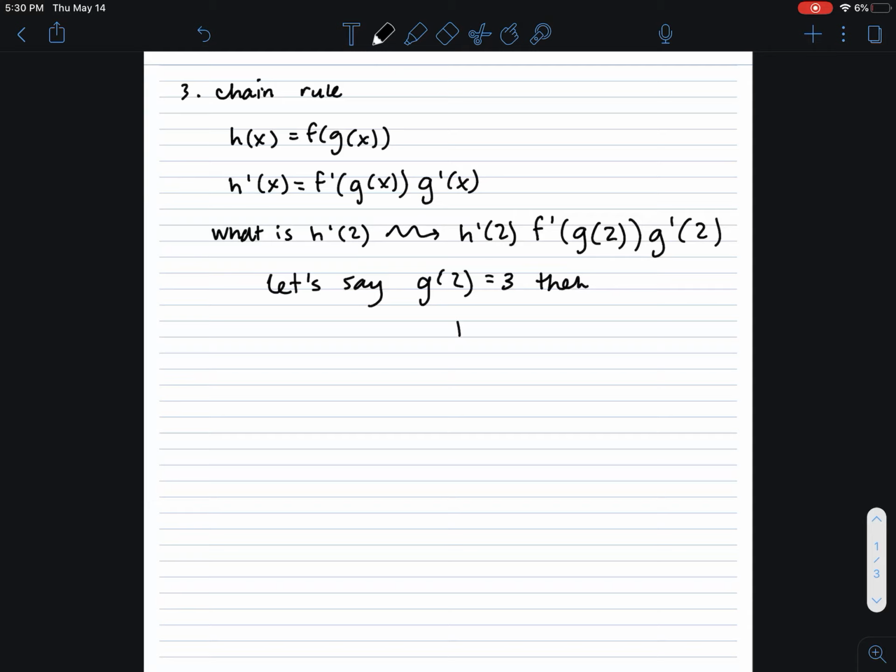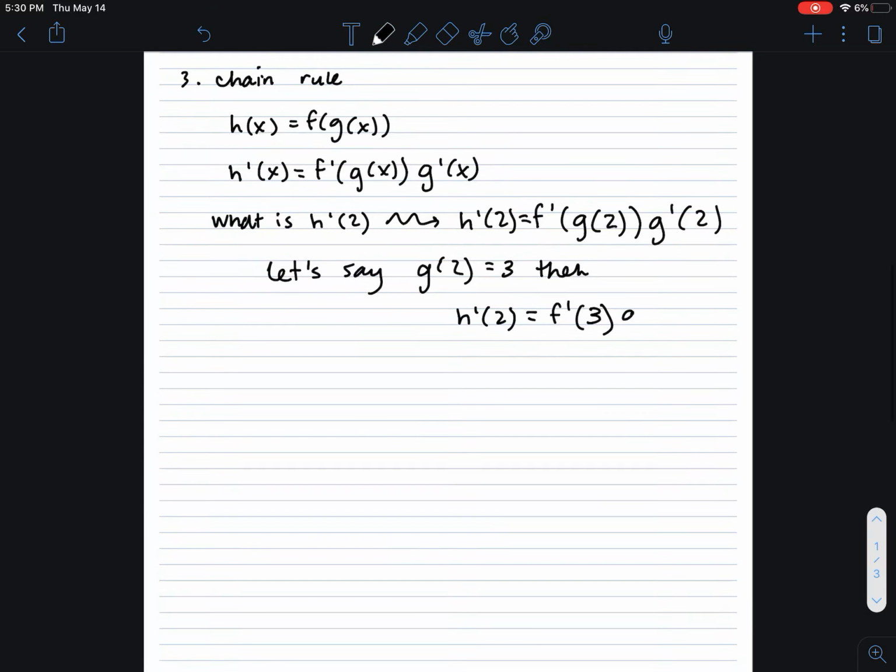Then we'd have h prime of 2 is equal to f prime of 3, because that's what g of 2 gave us, times g prime of 2. Okay? That's just an example. We did a bunch of those at the beginning of the year using tables of numbers. So hopefully you remember that.